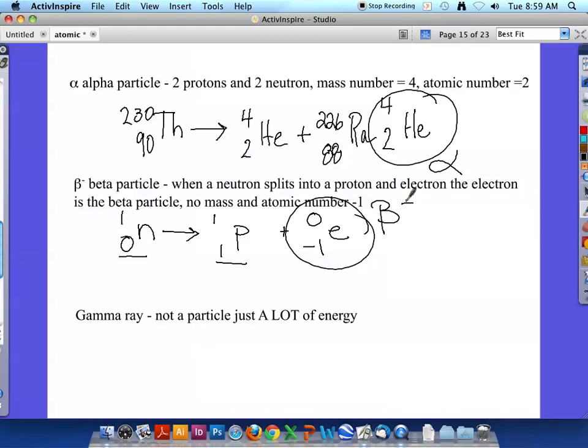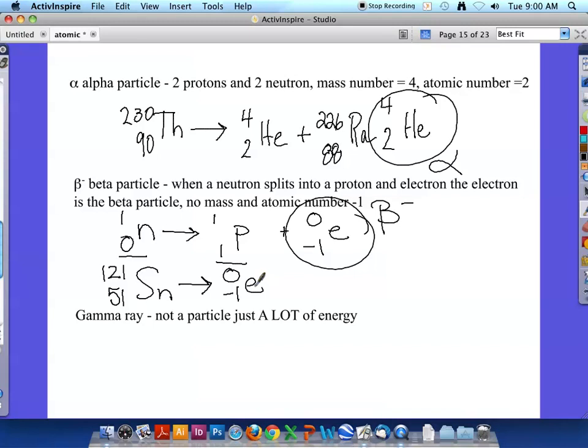An atom may lose a beta particle. For example, tin-121. Tin is 51. It releases a beta particle. So I release this beta particle from my atom.